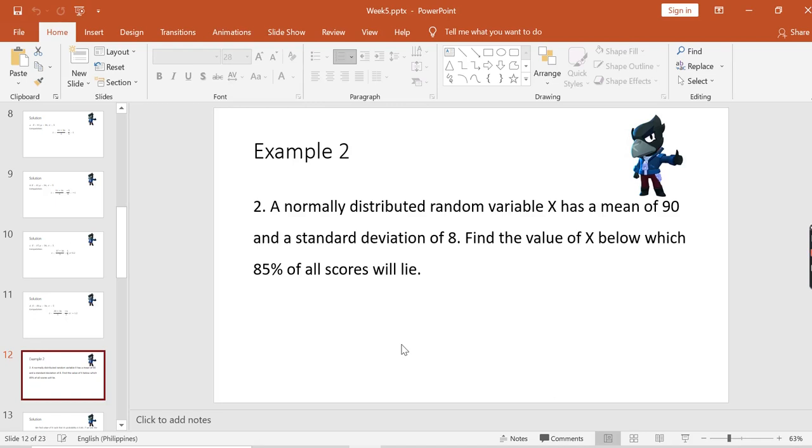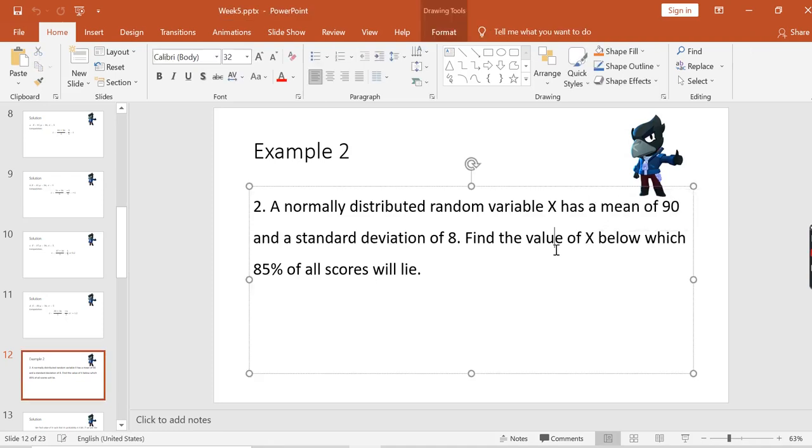Find the value of x below which 85% of the scores will lie. What does it mean? You are supposed to find the value of x that lies below 85% of all scores. So take note that we are finding the value of x.